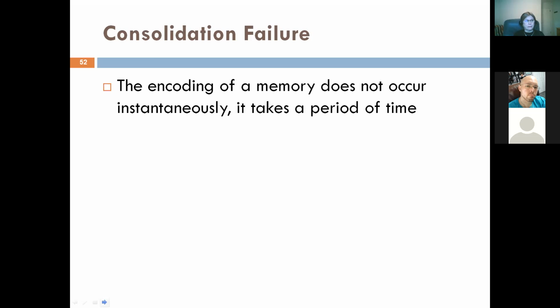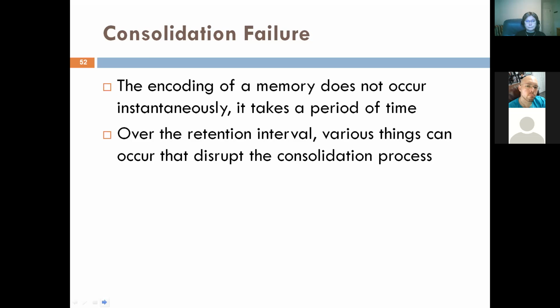That is, you have to consolidate. That's why there is this well-known phenomenon that you should sleep on something and you would remember it better in the morning, because apparently the consolidation of the memory trace happens during your sleep, and therefore if you sleep on something you'll remember it much better than if you didn't.